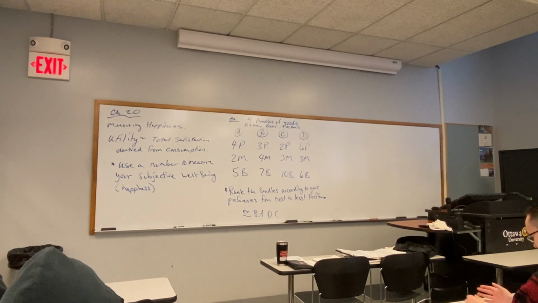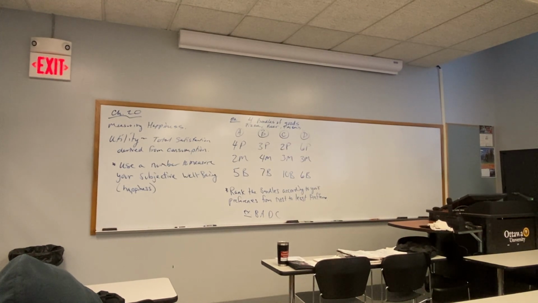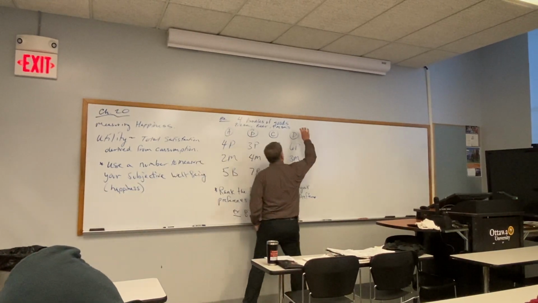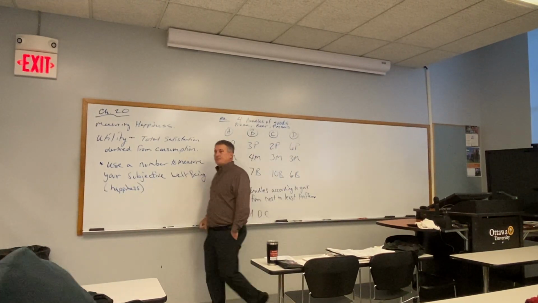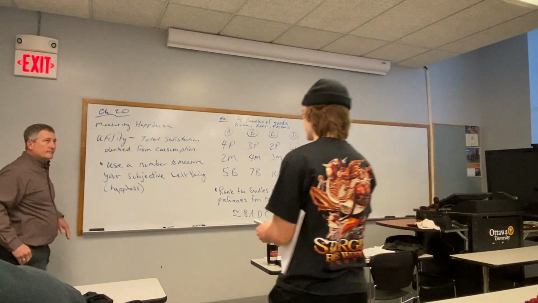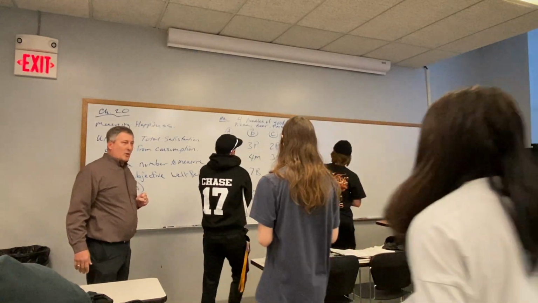Come on up to the board. Write your first name only, and then put your ordering down. So right to the right here, just put your name and your order. And then you can go grab your seat. First name and then your order that you came up with.